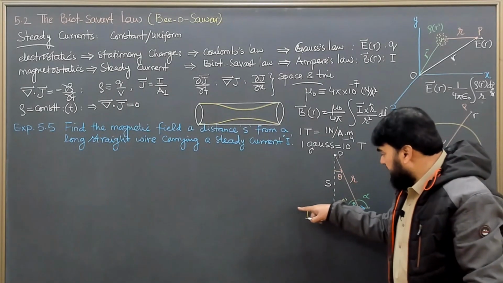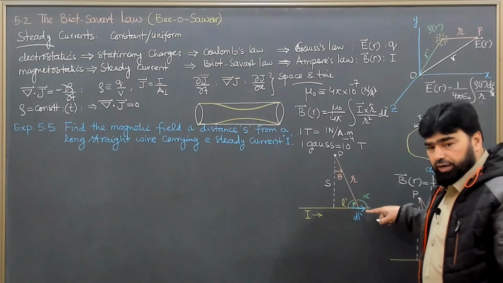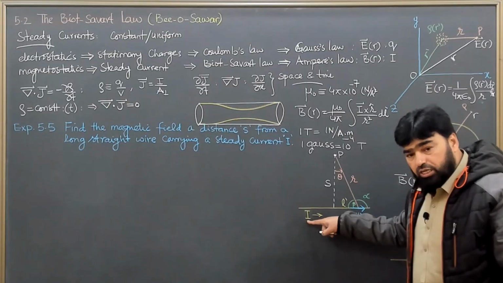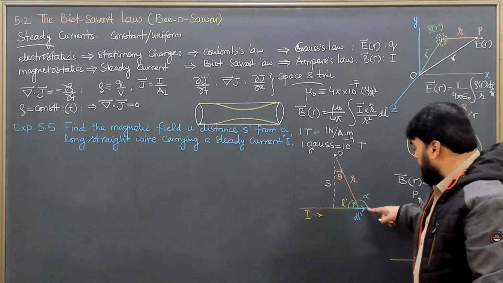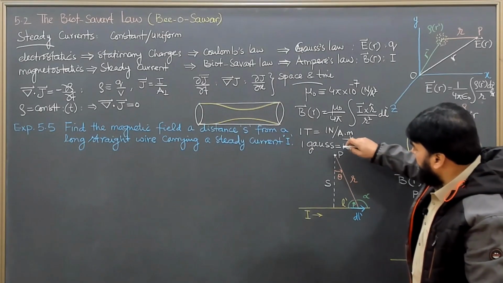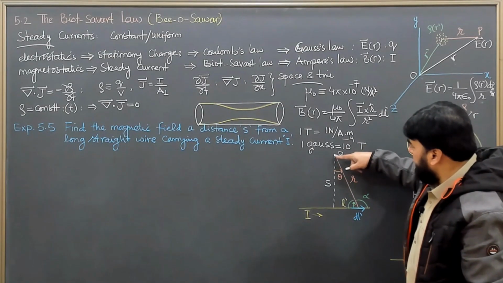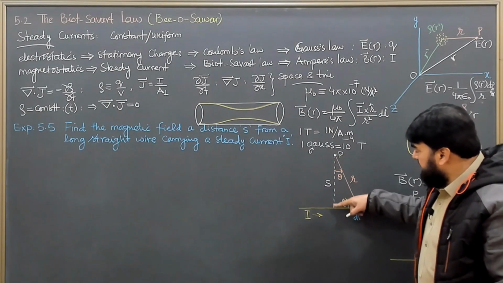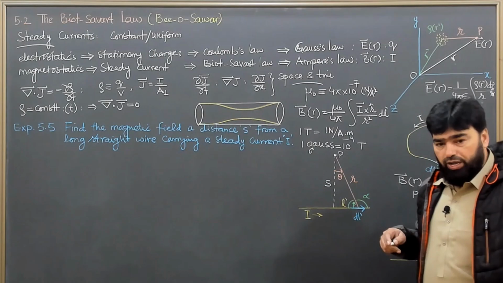So we have a long straight wire, and a steady current I is flowing in this wire, and we are to find the magnetic field at point P, the observation point, which is at a distance s from the wire.